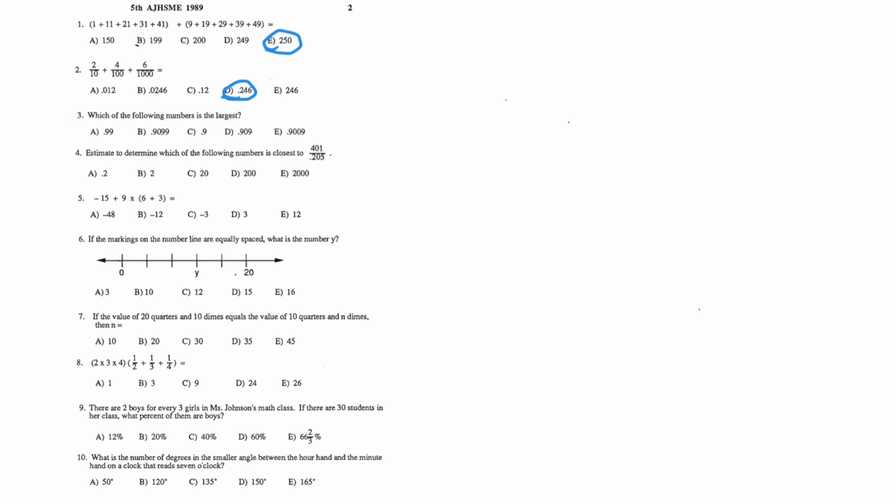Number 3. Which of the following numbers is the largest? The first number is 0.99. Second, 0.9099. Third, 0.9. And D, 0.909.